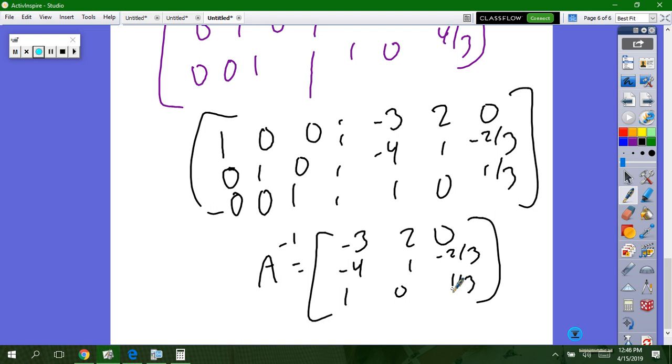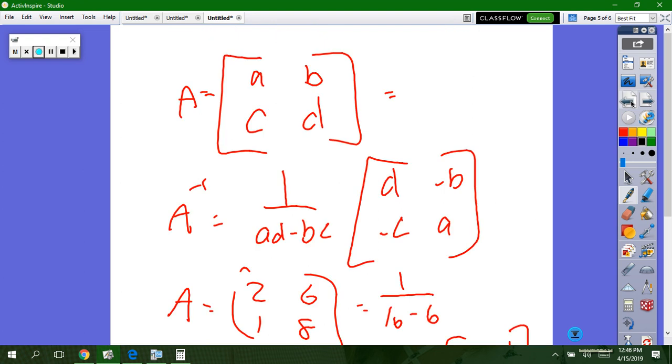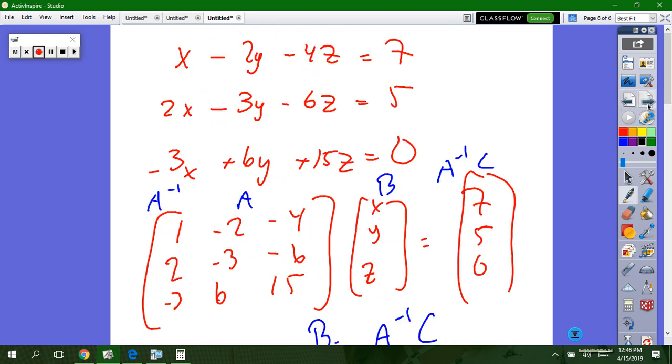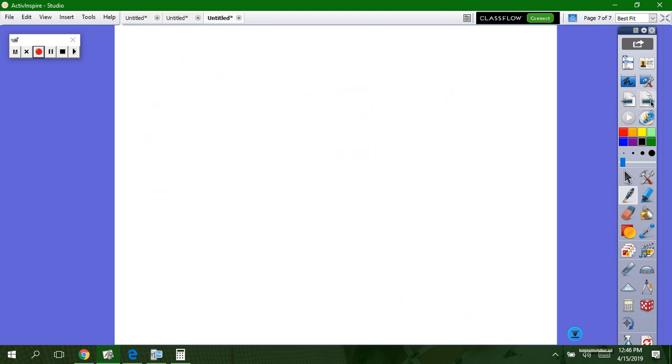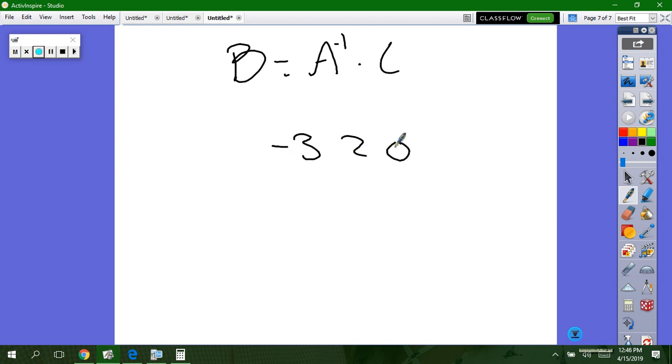Okay, so, now let's go back to this equation. Where's that equation? Did I move it up here? It's right there, right? So we want to take matrix A inverse, because remember, ours was B equals A inverse times C, right? We just had A inverse, who is that? Let's write it down. It was -3, 2, 0.